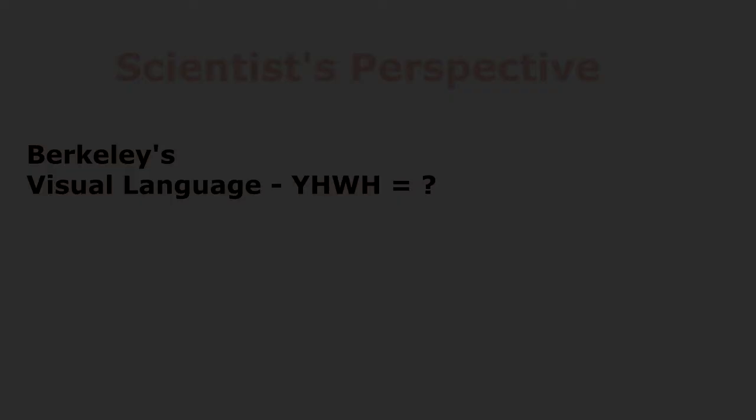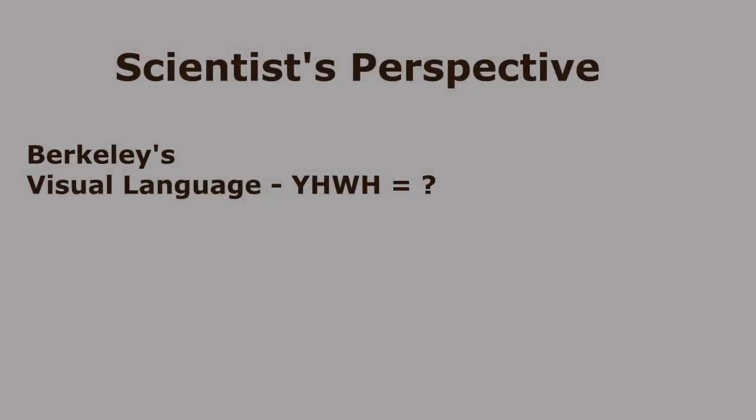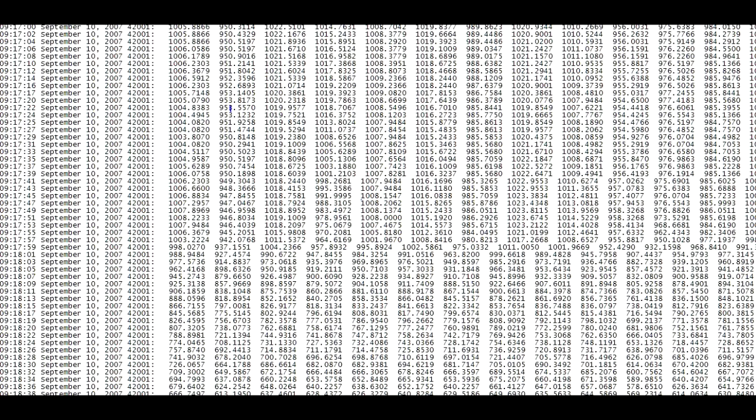The scientist as well cannot accept the unsupported premise or myth of the existence of the Creator God who spoke, "Let there be light." For the scientist, visual information is just another data set. For the scientist, there is no world beyond the raw sensory data we receive.